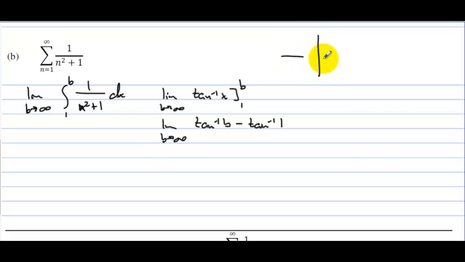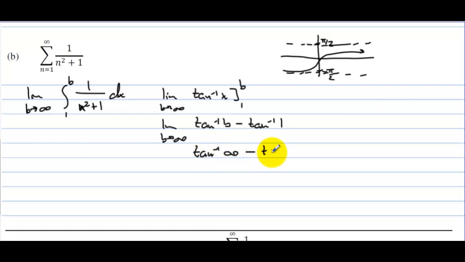The graph of inverse tangent looks like this. We have negative pi over 2 to pi over 2, and these are the asymptotes. And then here is inverse tangent. So as x approaches infinity, inverse tangent is leveling off to pi over 2. So when we plug infinity in, we have inverse tangent of infinity minus inverse tangent of 1, and that's pi over 2 minus pi over 4.